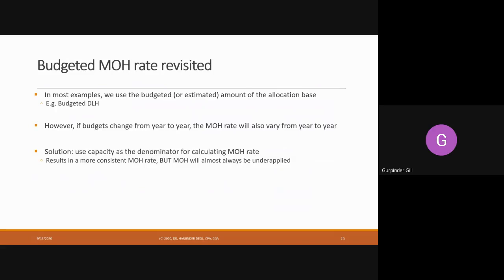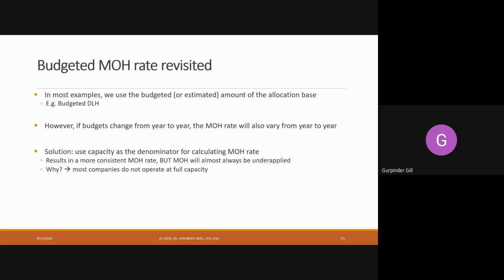Now, results will be more consistent when it comes to the MOH rate, but the total manufacturing overhead that is applied will always be underapplied. And the reason for that is because most companies do not operate at their full capacity.